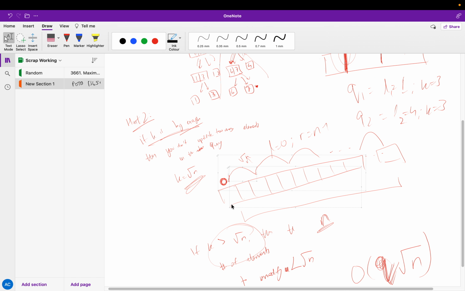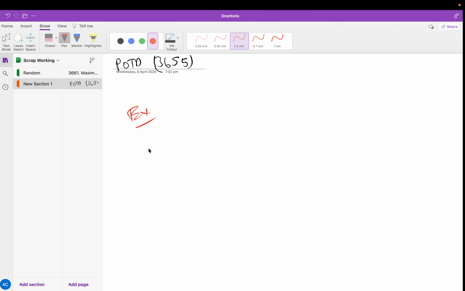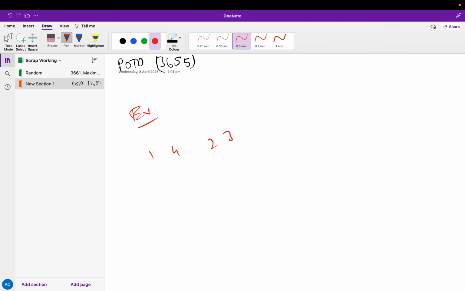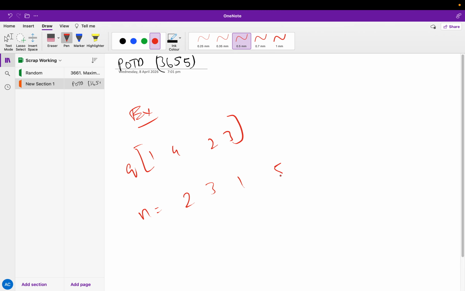Okay. So we understand hint 2 pretty well. Let's just look at hint 1. So look at the example. 1423 as the query, and nums is equal to 23154. So in this case, n is equal to 5.